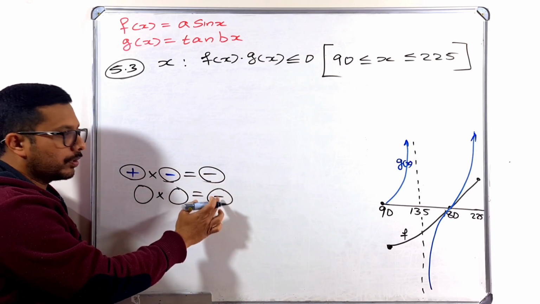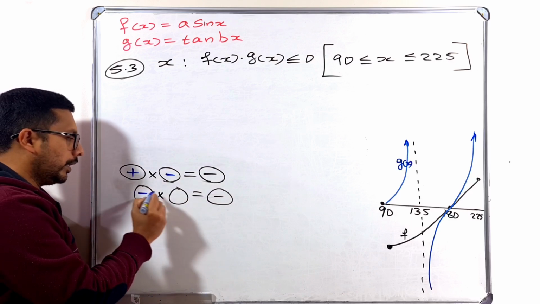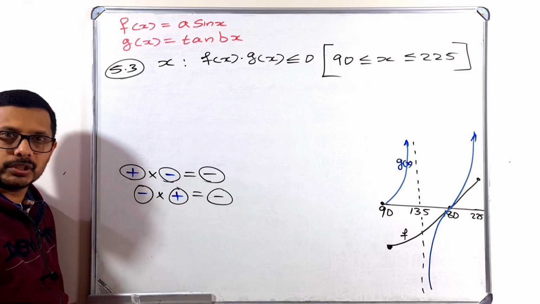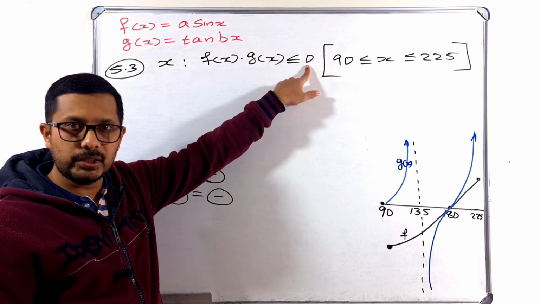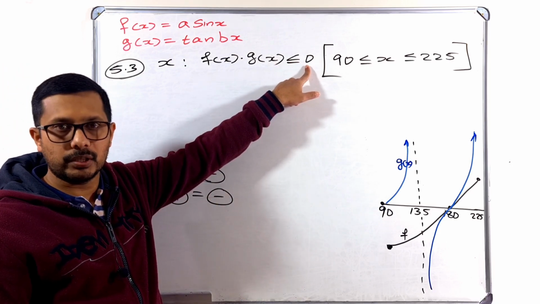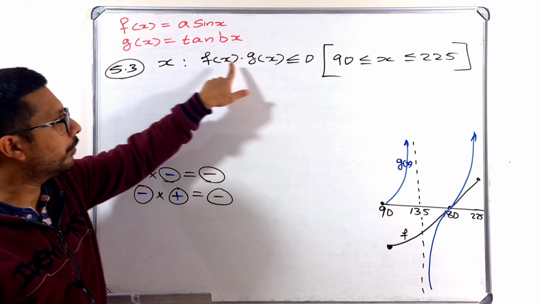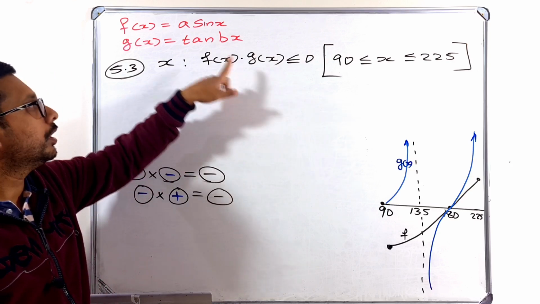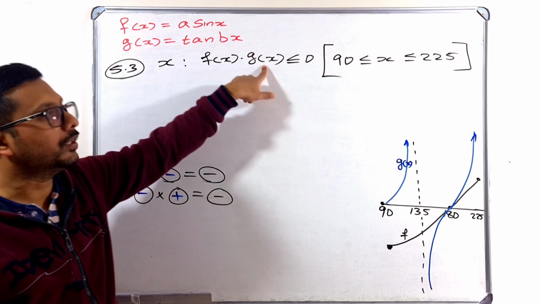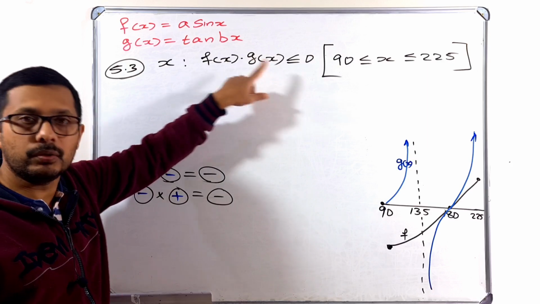To get a negative answer, either the first one is negative and the second one is positive. So if you want the answer to be negative, either f of x is positive and g of x is negative, or f of x is negative and g of x is positive.